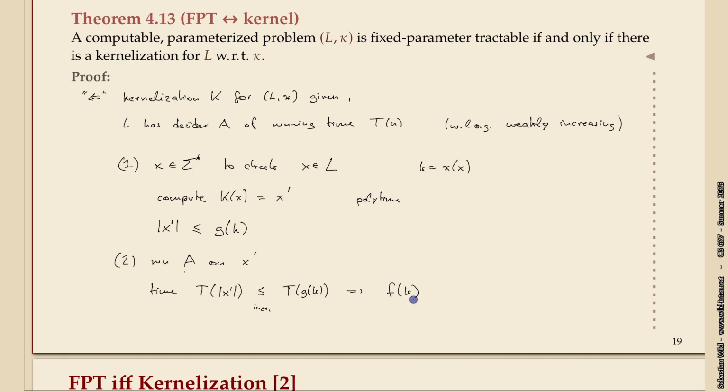So these two steps together give an algorithm for the parameterized problem with running time big O of this part and a polynomial in n.